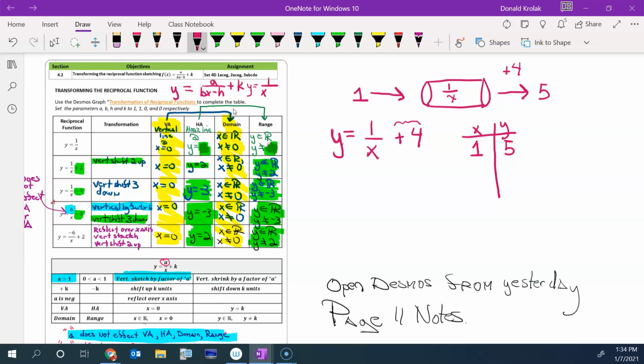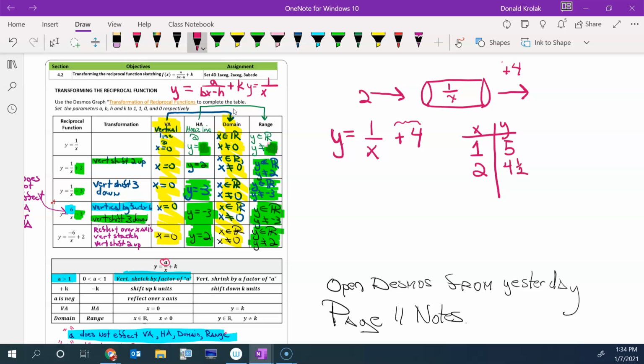5. If I put 2 in there, the mother function would divide it into 1, that would be a half, and then you'd add 4, and you'd get 4.5.